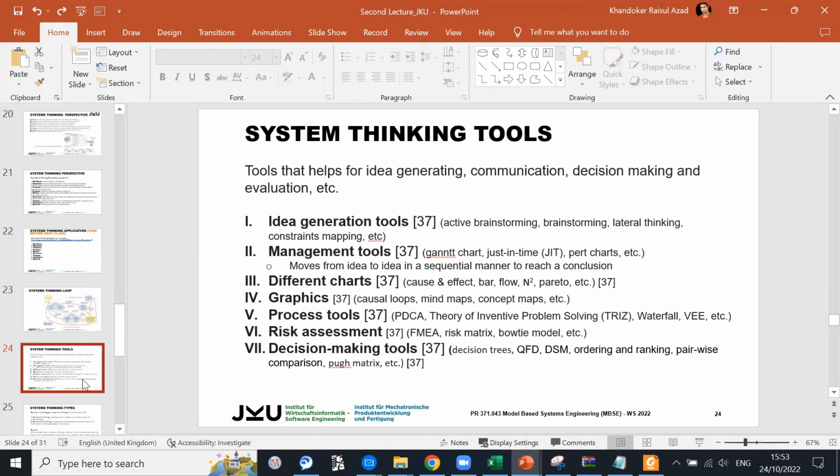So these tools help you to make the right decision. And when you want to write a publication or your bachelor thesis or master thesis, you have to show some reason behind that. You can also use these tools in your bachelor or master thesis, or if you are in the scientific realm, then in writing a scientific paper, these tools help.